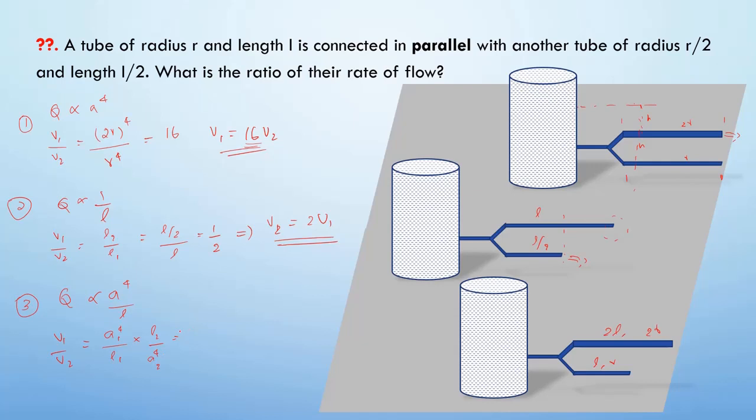Here it is 2r to the power 4 divided by r to the power 4 into length L divided by 2L. So it is 16 by 2, or 8. So the flow through V1 is equal to 8 times that of V2.